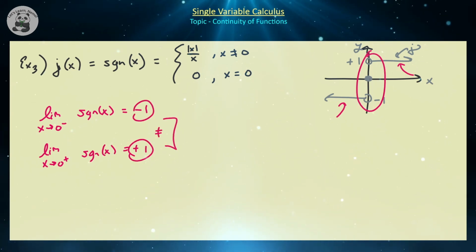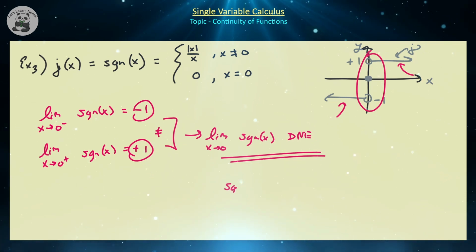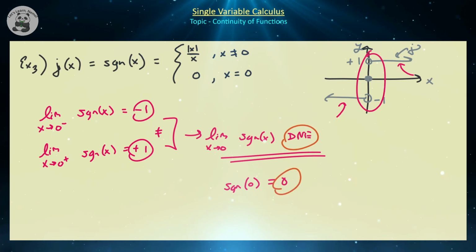Since these do not equal each other, the limit as x approaches 0 from all possible directions for this function does not exist. Moreover, sgn of 0 is equal to 0, and these answers must match and must both be numeric in order for that function to be continuous there.